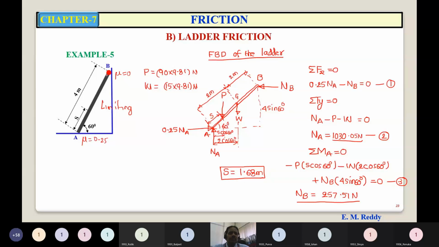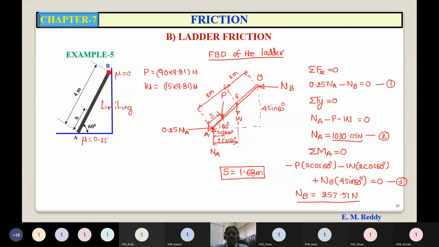Right. Now, for limiting equilibrium, we draw the free body diagram of the ladder. While drawing a free body diagram, you have to consider three types of forces acting on the body. One is externally applied forces. Second is support reactions. Third is self-weight, if any. Here, what are the externally applied forces? The weight of the painter, acting at a distance S from A. So it is an externally applied force.